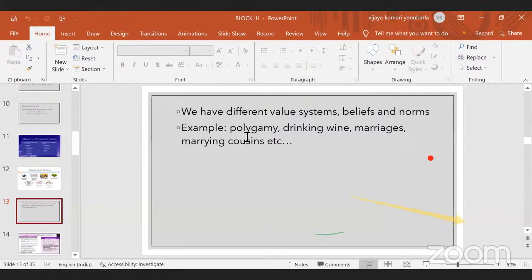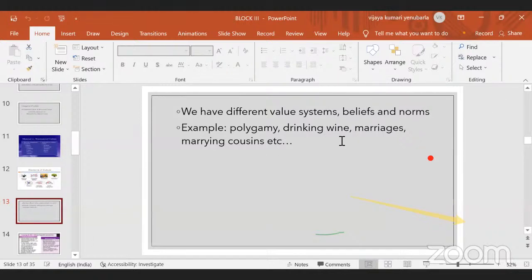Polygamy is having many wives at a single time, or many husbands at a single time. In some societies, polygamy is a good, reputed practice. But in our society, polygamy is not accepted. It is something we cannot even imagine. So there is a difference between value systems, beliefs and norms.